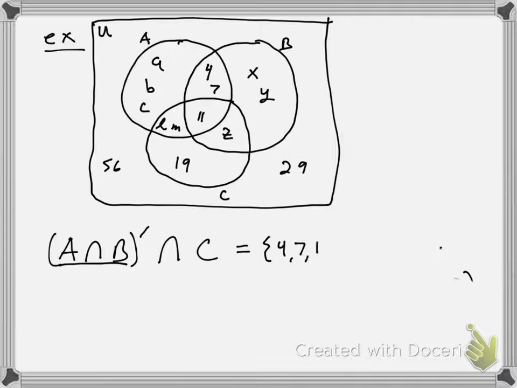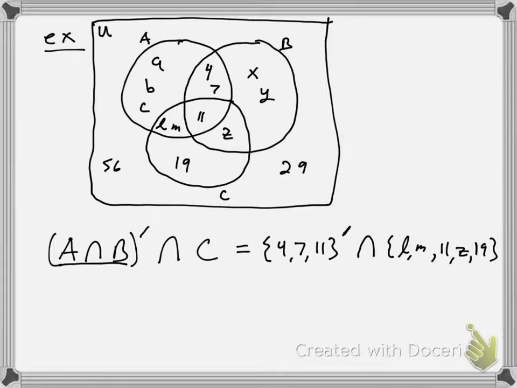I'm going to take the complement of that, and I'm going to intersect it with C, which is L, M, 11, Z, 19.